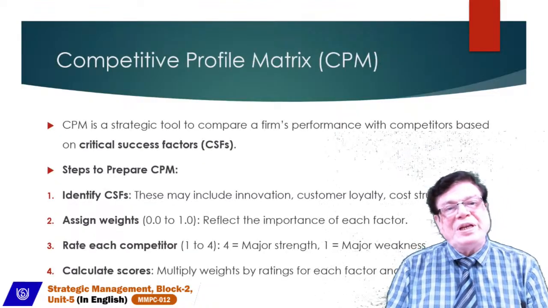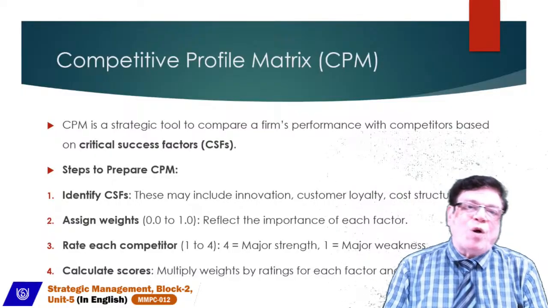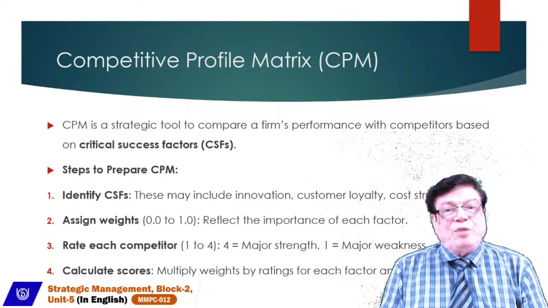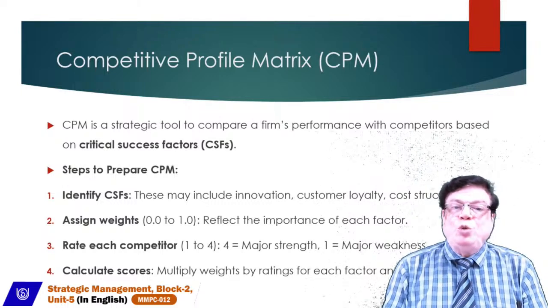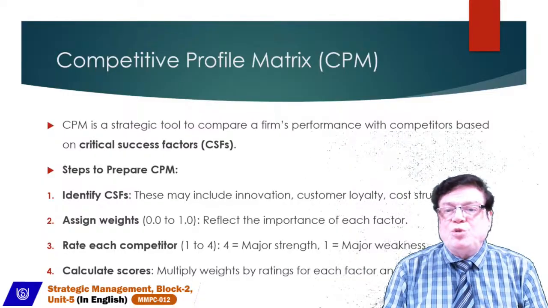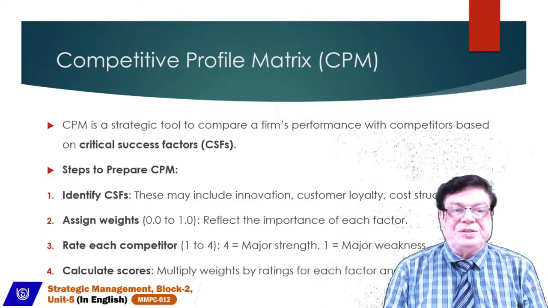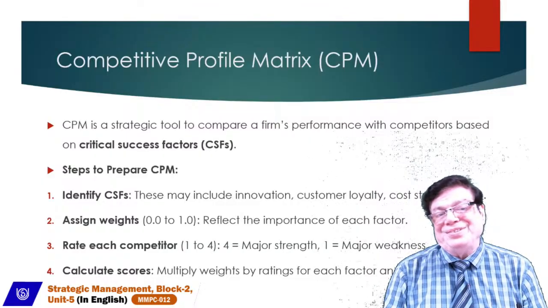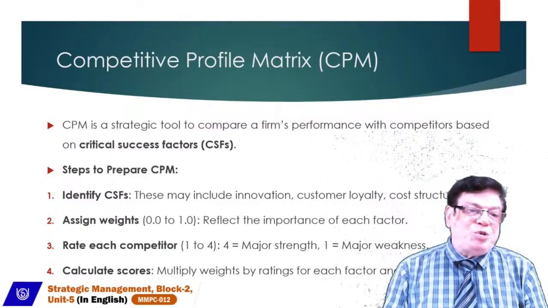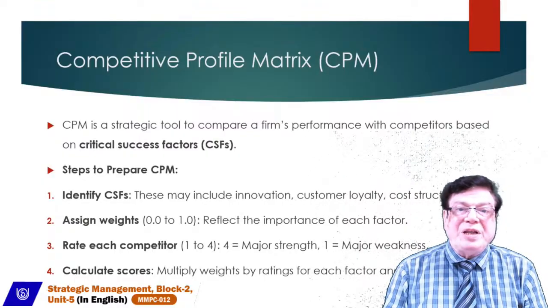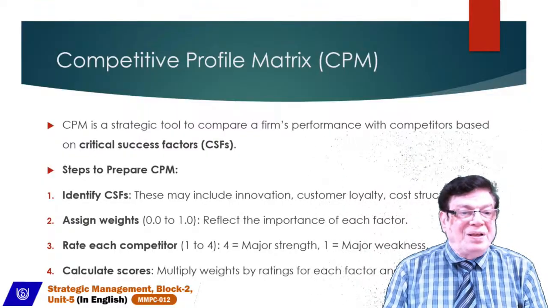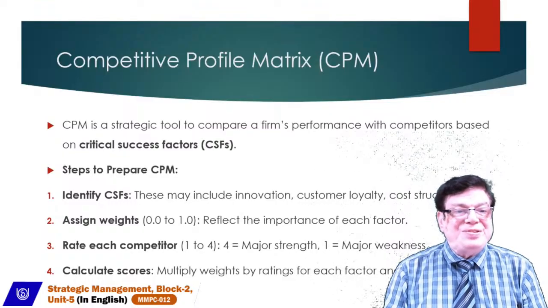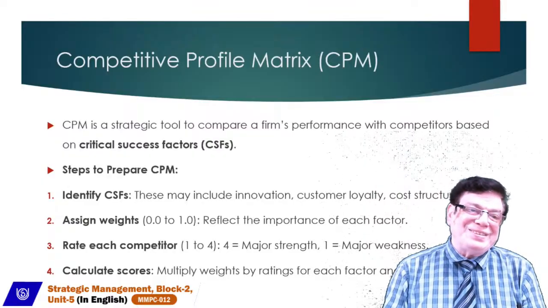Now, competitive profile matrix, CPM. Competitive profile matrix CPM is a strategic tool to compare a firm's performance with competitors based on critical success factors. Steps to prepare a competitive profile matrix are: identify CSF. CSF means critical success factors.